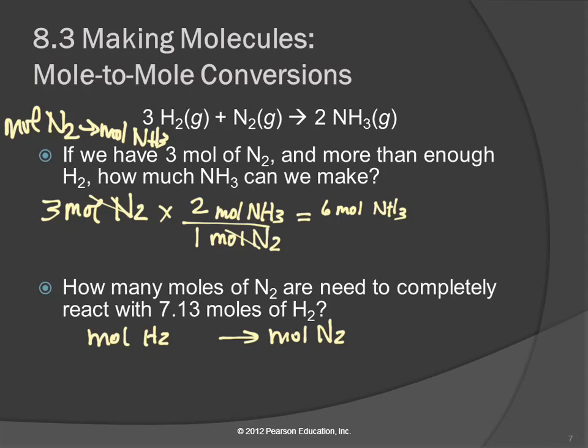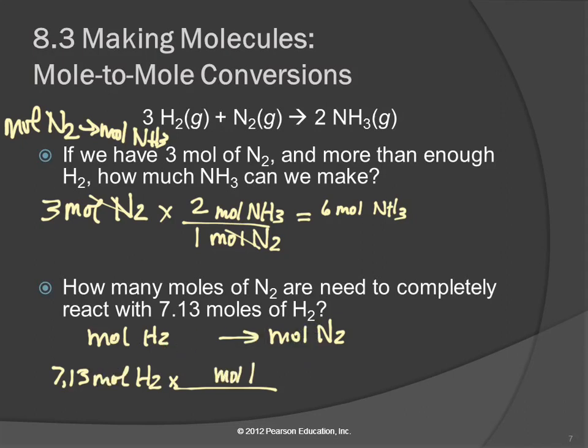And so moles of one thing to moles of another, it's always one step, because you can pick any 2 in the reaction and relate them to each other. So I've got 7.13 moles of hydrogen. And my path is very simple. It's just one step. Moles of hydrogen to moles of nitrogen.